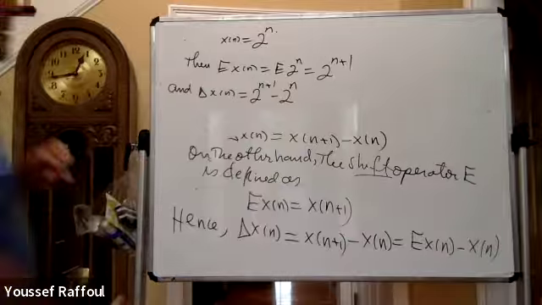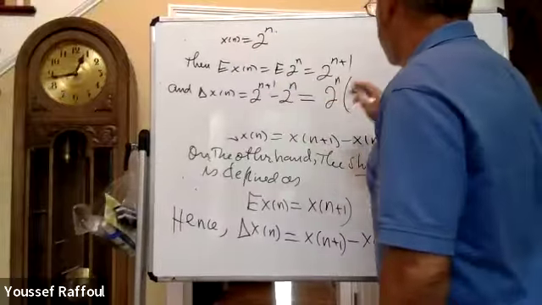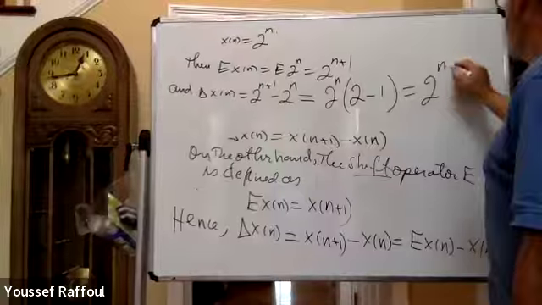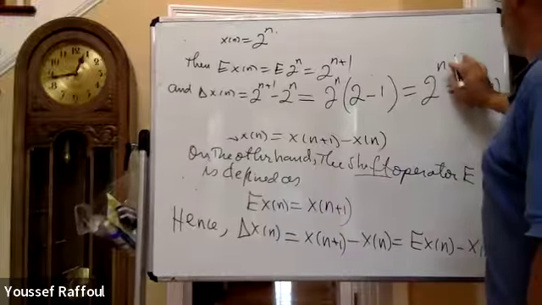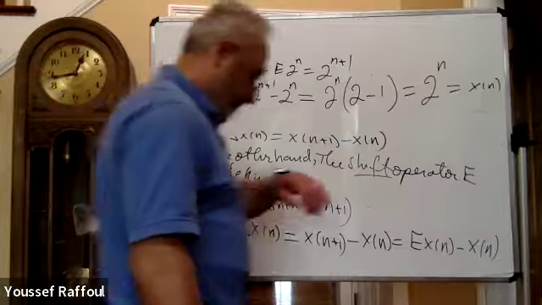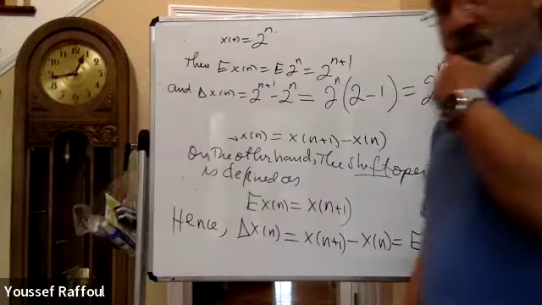And that is 2 to the power n times 2 minus 1, and that is 2 to the power n. And that is xn. So this is the only one where the difference is the sequence itself. Any questions?